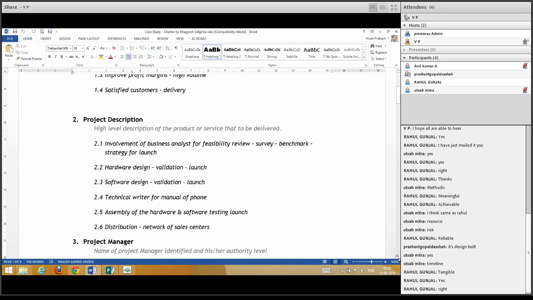Okay, the involvement of business analyst, hardware design, software design, distribution. The project objective should, in my opinion, be written in a little more narrative sense, describing what we were trying to achieve.